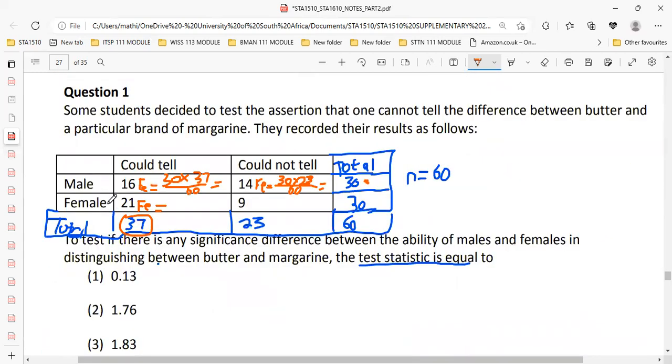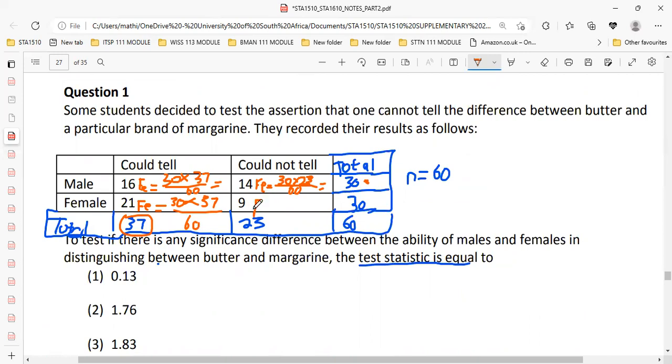Row total here for female is 30. Then we say 30 multiplied by what? Multiplied by column total, which is 37. Multiplied by 37 here, then divided by 60. Then you get your answer for this one.